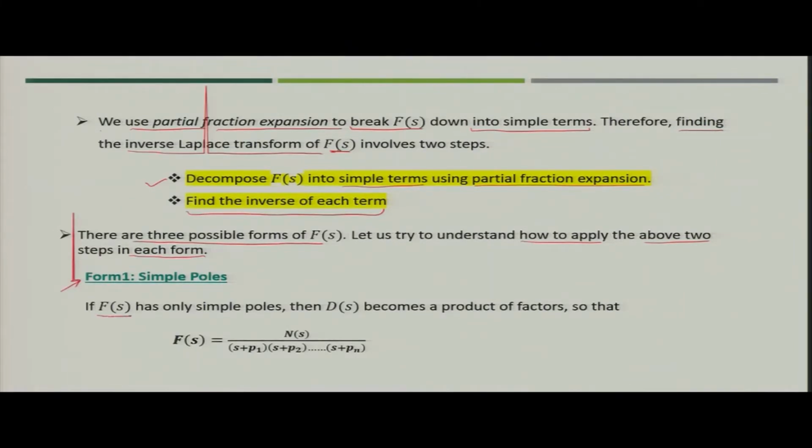That means, if you have a Laplace transform F(s), which is represented as a numerator polynomial divided by a denominator, and you can represent the denominator polynomial in the form of a product of factors, that is (s+p1)(s+p2)(s+p3) and so on, then you can use the simple pole approach to find the inverse Laplace transform.